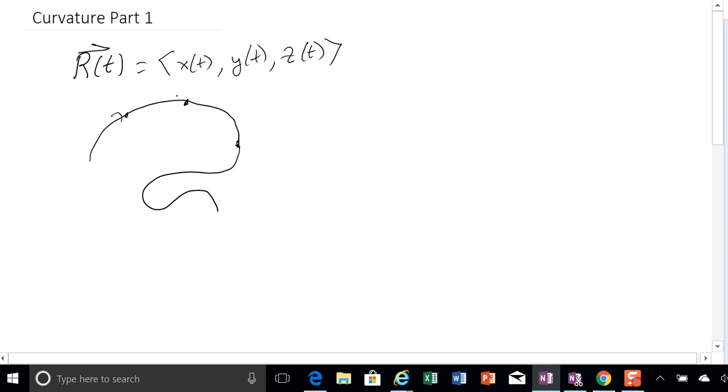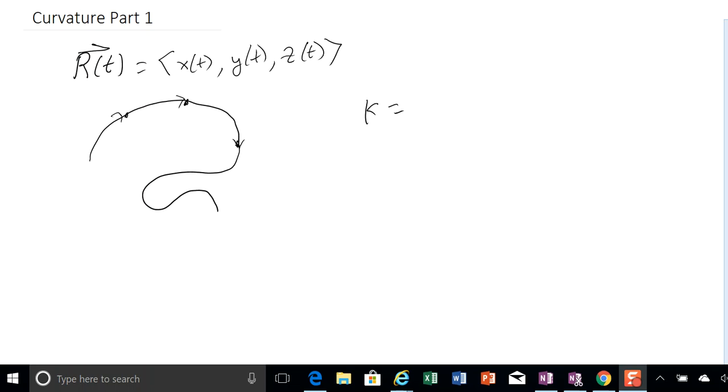But curvature we're trying to look at as a feature of this path itself. It's saying like how sharp is that path. And the way that we typically define curvature is we look at it as the rate of change in the magnitude of the unit tangent vector with an arc length parameterization.